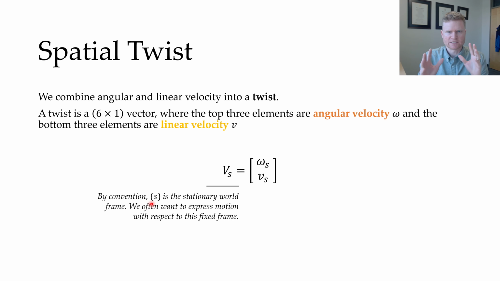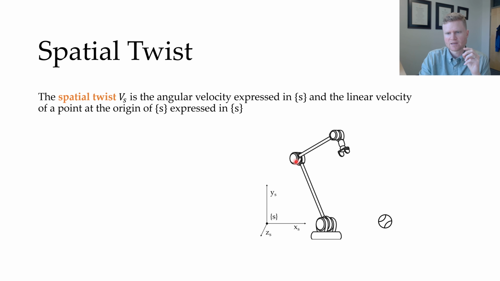It doesn't move, it's this fixed frame, and we often want to express motions with respect to that fixed frame. So I'm going to use the subscript S to denote that it's the stationary frame. So I'll have capital V_S for a spatial twist. And then I've got omega_S and lowercase v_S to correspond with the linear and angular velocity written in this spatial frame.